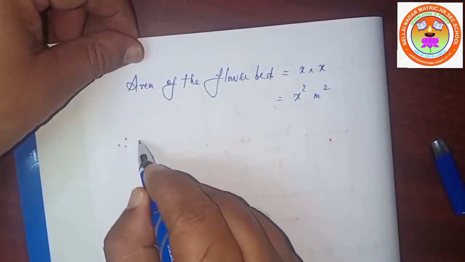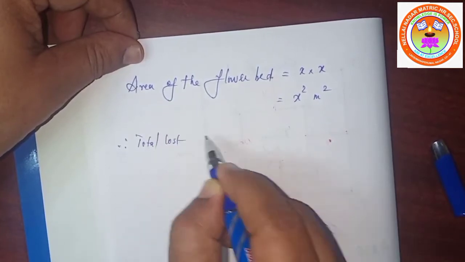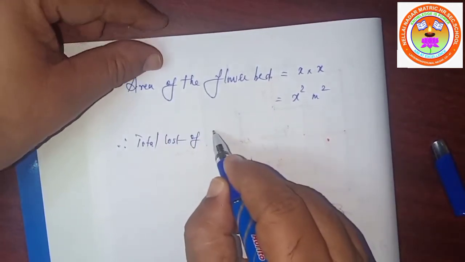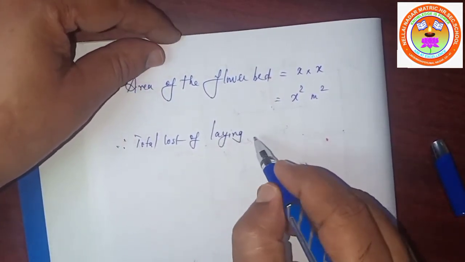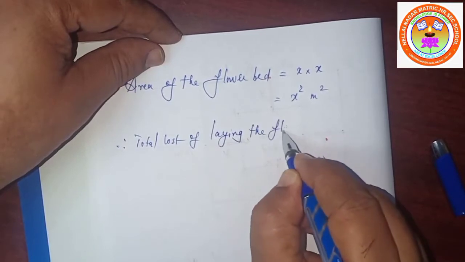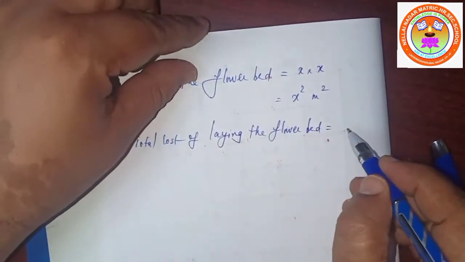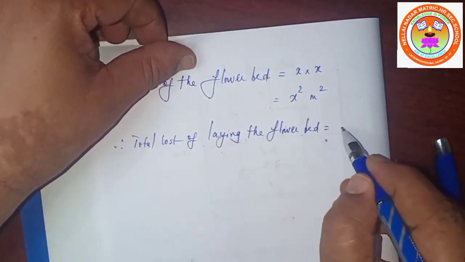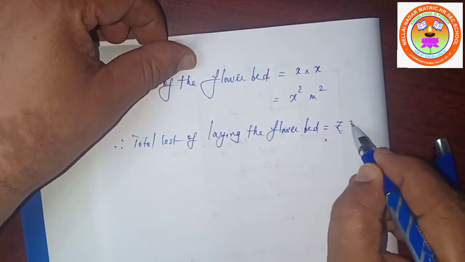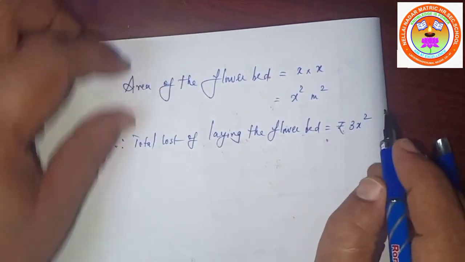Therefore, total cost of laying the flower bed equals, for 1 meter square 3 rupees is given. How many meter square? X squared meter square. Therefore, rupees 3x squared, 3 into x squared.